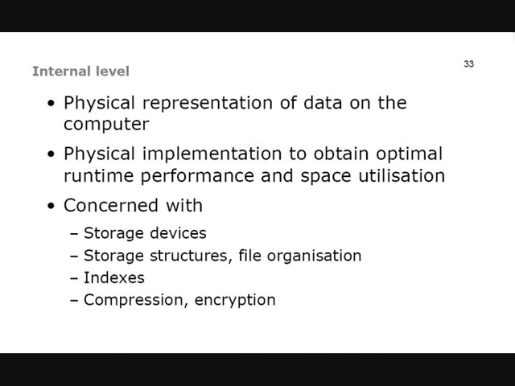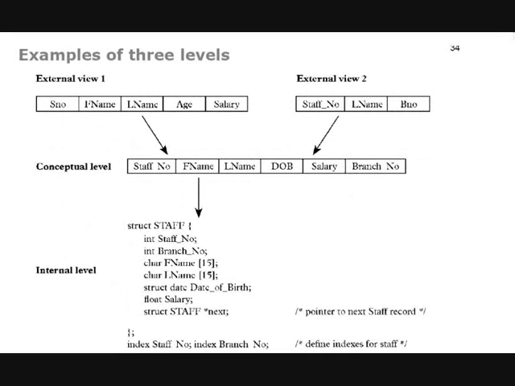In a real scenario, you might translate it to something like this. Let's say that in our conceptual level, what we have defined is a staff entity which has a staff number, first name, last name, date of birth, salary, and branch number. From that, I derive different external views. One external view might require the staff number, but we're calling it differently for this group of users.